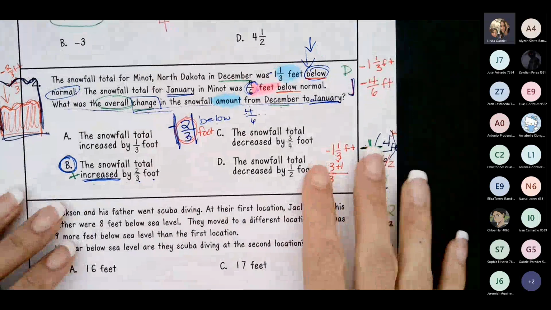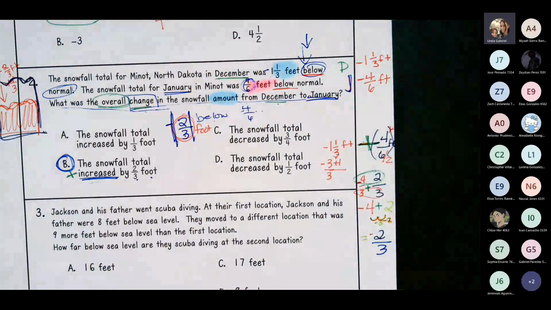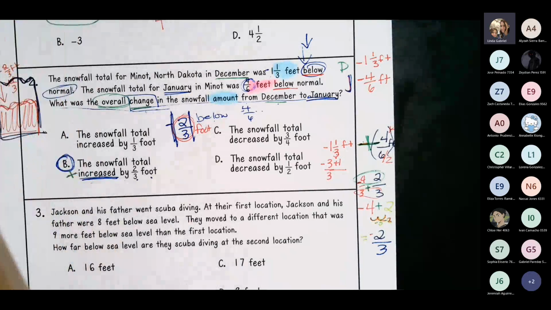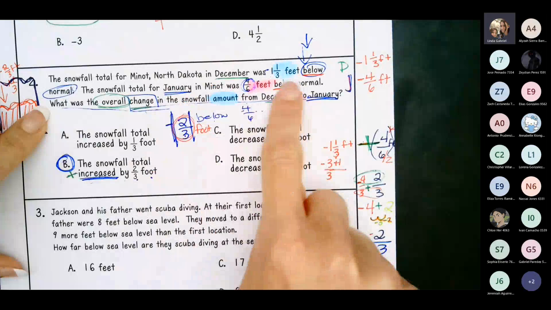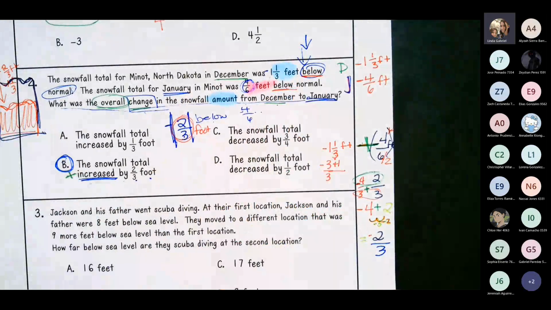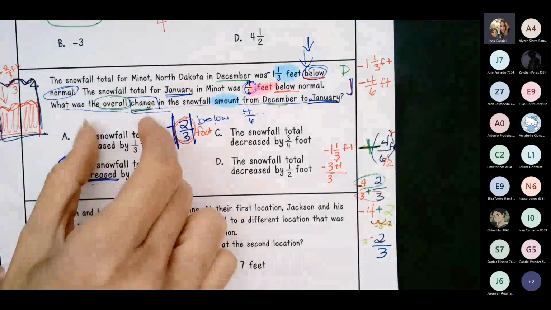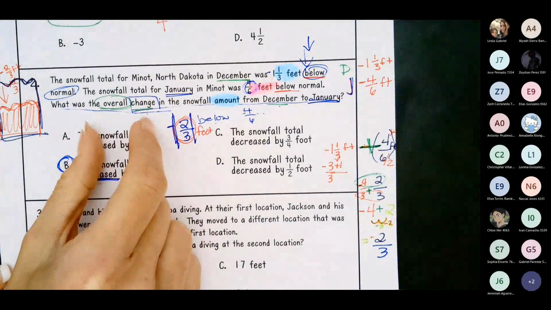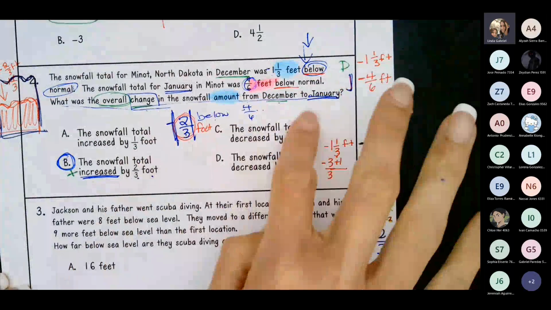You know, on the STAAR test, we had a lot of questions that were kind of like this, right? It might be really tricky, but it's just again learning that math vocabulary and becoming really fluent in math language. You need to be able to understand that we learned that it was 1/3 foot below normal, and then we were at 4/6 of a foot below normal, and we needed to find the overall change. It didn't ask us to see how many below normal are we now.